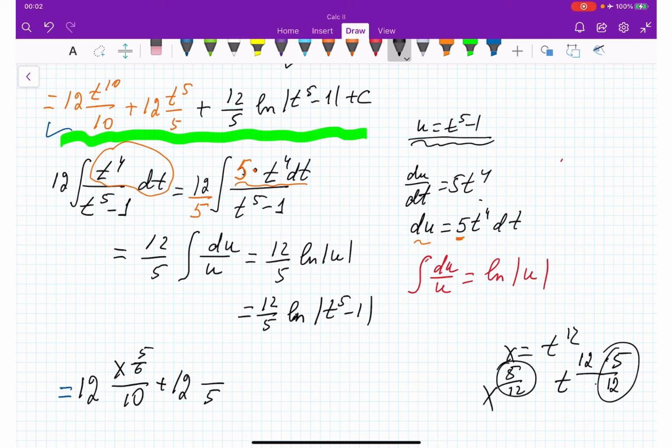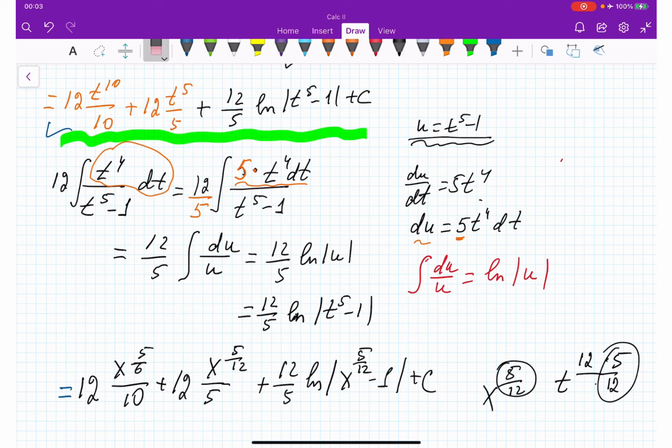Therefore here it's going to be x to the power 5 over 12, and plus 12 over 5 natural logarithm of x to the 5. We already know t to the power 5 is going to be x to the power 5 over 12, and minus 1, plus c.